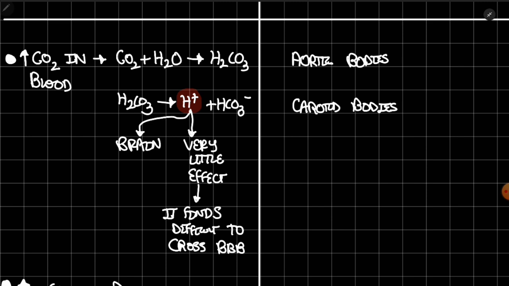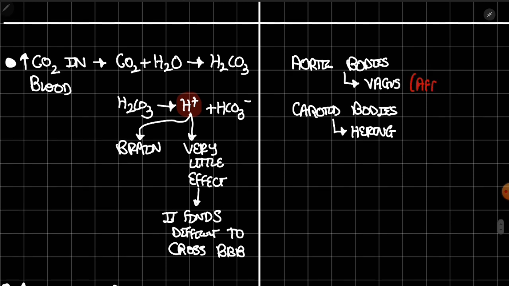Now what happens if there is a low oxygen condition? The Hering nerve from the carotid bodies and the vagus nerve from the aortic bodies act as the afferent nerves, and they go to the brain.